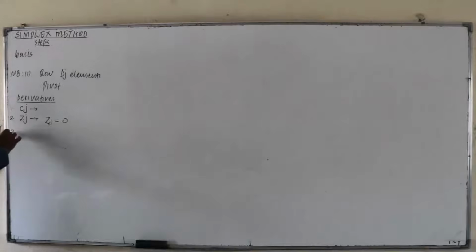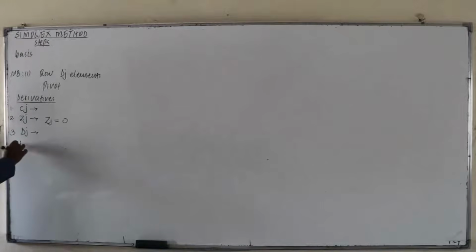And then number three, we have DJ. This shows the net increase in profit for acquiring an extra unit.